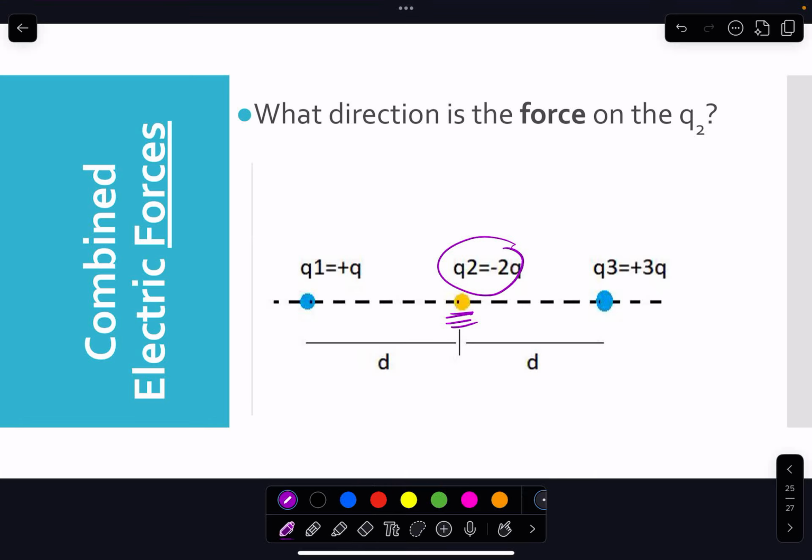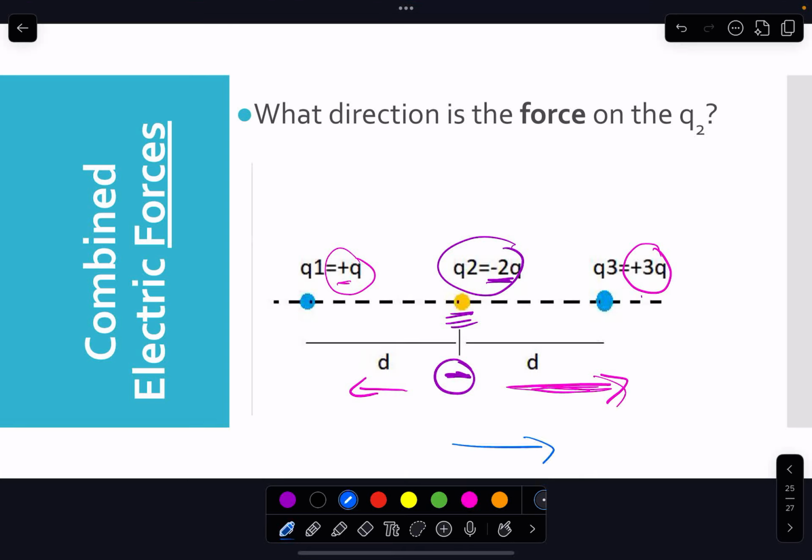So this is a -2. If this is a negative charge right here, what would my positive do? My positive would be pulling it in this direction, and this is a positive, and it's going to pull in that direction. But since this is 3 plus versus only 1 plus, this one is going to overpower, and my net result is going to be that force in that direction.